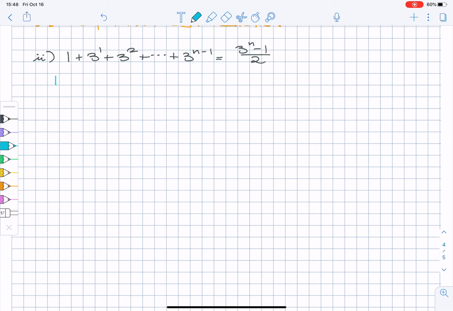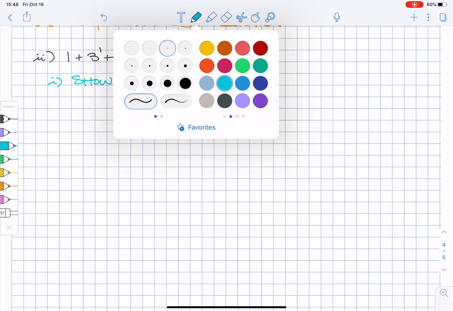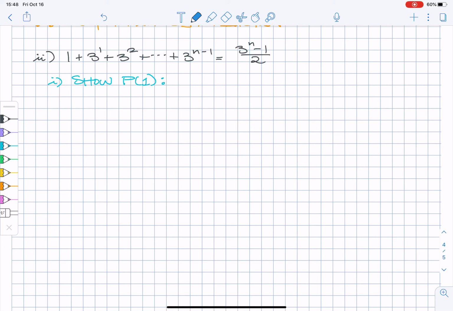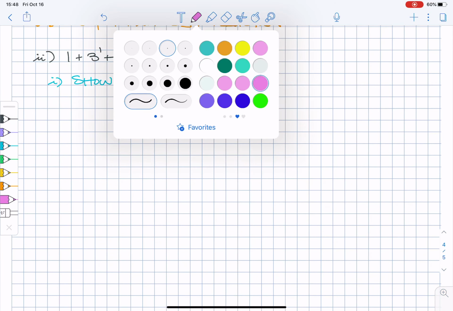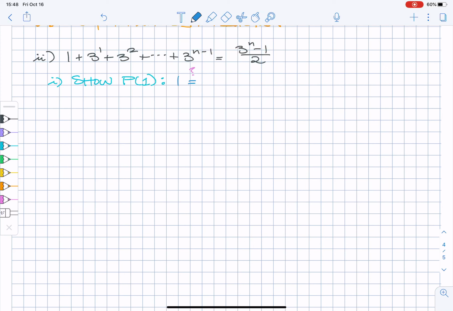So number 1, we want to show that p at 1 is a valid statement. So 1 minus 1 is 0, so I just have the first term 1. Is 1 equal to 3 to the 1 minus 1 over 2, which is 2 over 2, which is 1? Yes, it is. 1 is equal to 1.